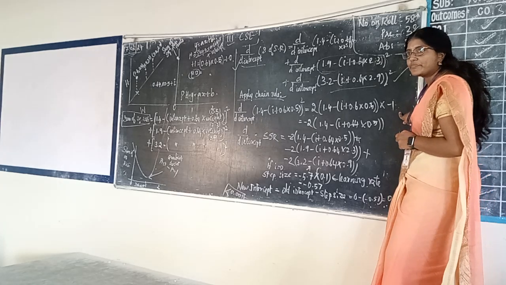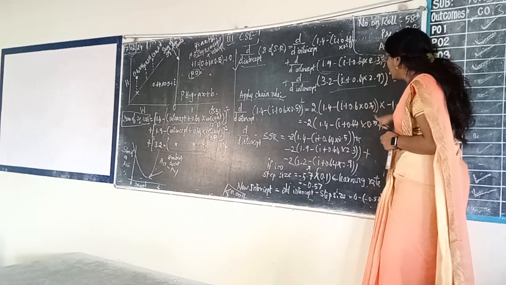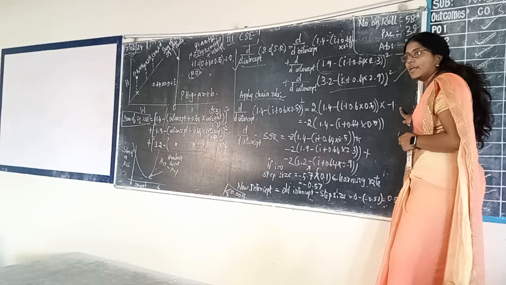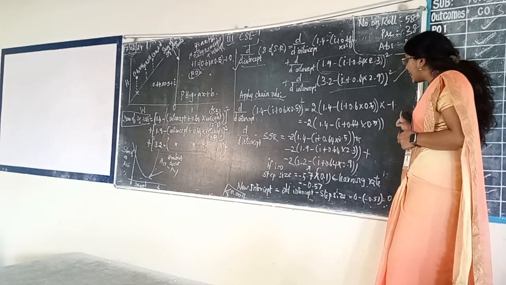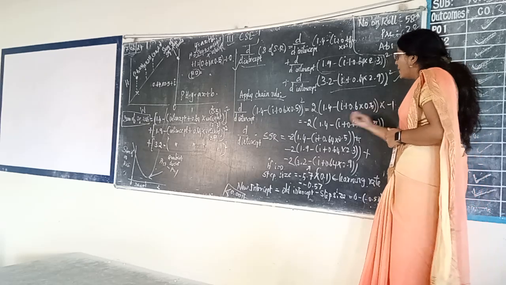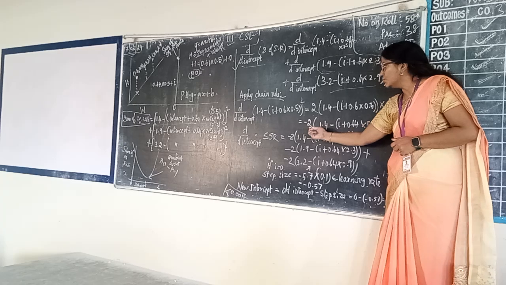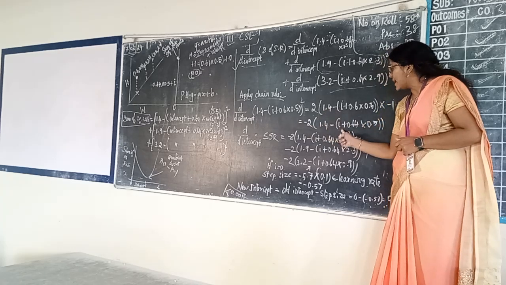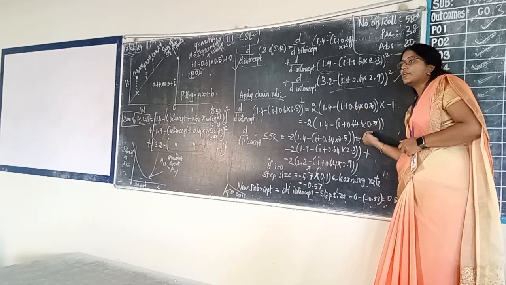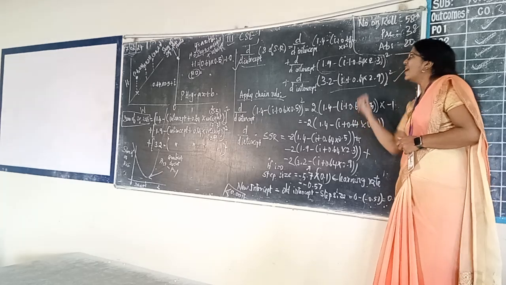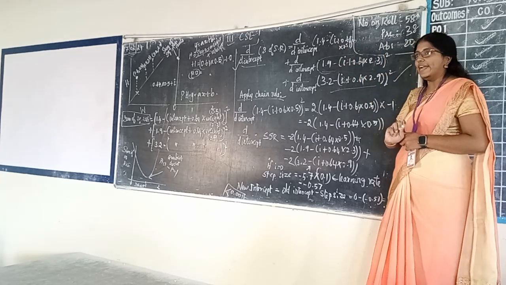Got it? We can rewrite this as minus 2 into 1.4 minus (intercept plus 0.64 into 0.5). This is for the first data point. Am I right?